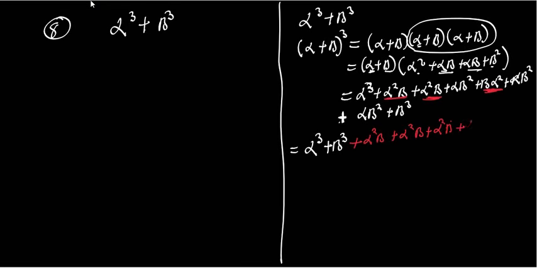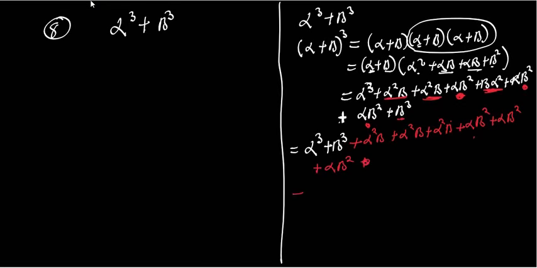Then the next one, it's alpha beta squared. We have this one here, and this one. So that is beta squared plus alpha beta squared plus what else? Alpha beta squared plus what? Okay, since we have already put that.